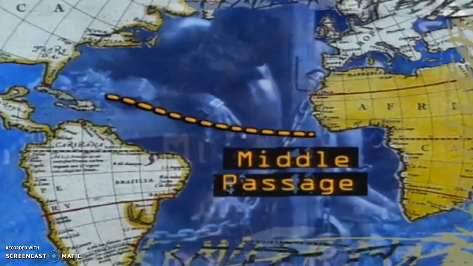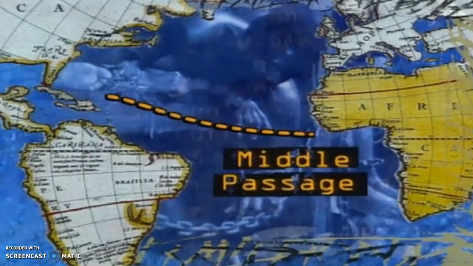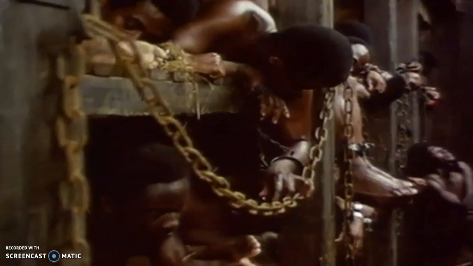It took between 6 and 12 weeks. Inside the hold of the ship, they were kept in filthy conditions. It was a perfect breeding ground for disease. How could they stand it? Some of them couldn't, but others found ways to survive and even to resist what was happening to them.